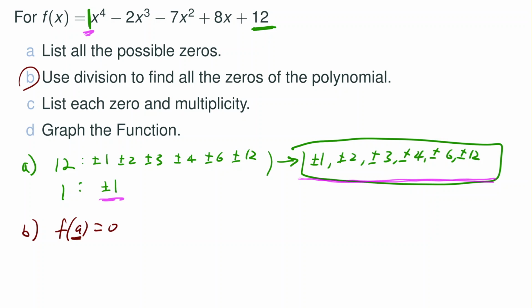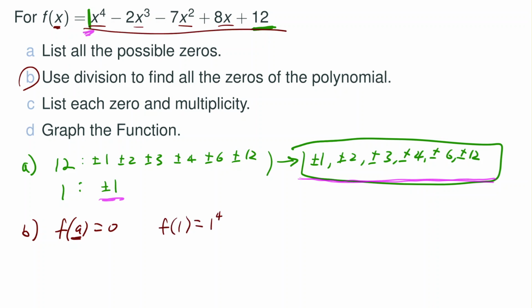So for example, if I plug 3 here, 3 here, 3 here, 3 here, 3 here, and if it simplifies to 0, then I know that I should synthetic divide by 3. So that's more efficient than just trying synthetic division until we get a remainder, right? So let me do an example. I'm going to plug 1 into this function.